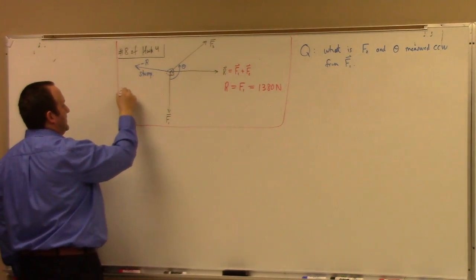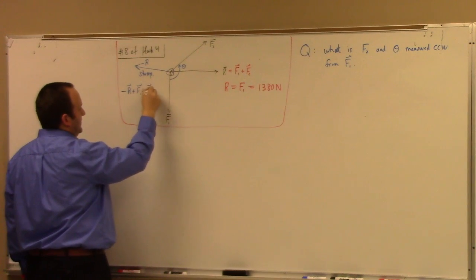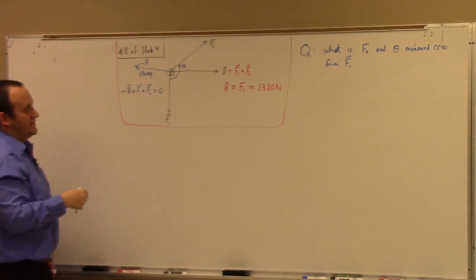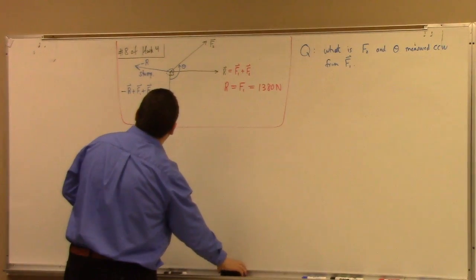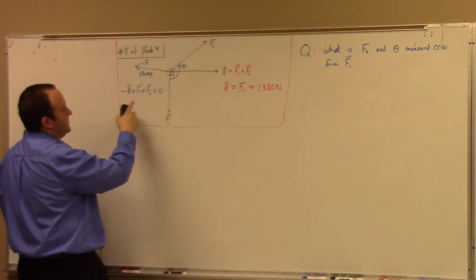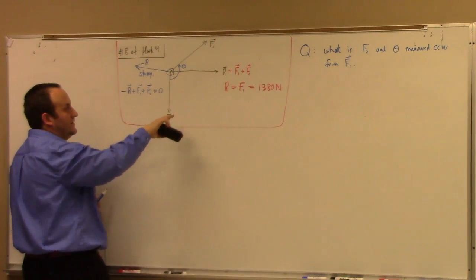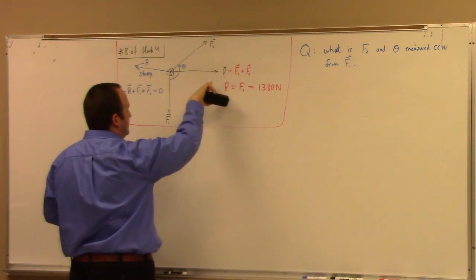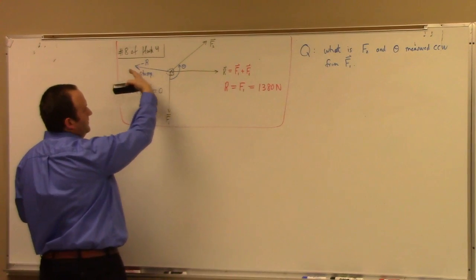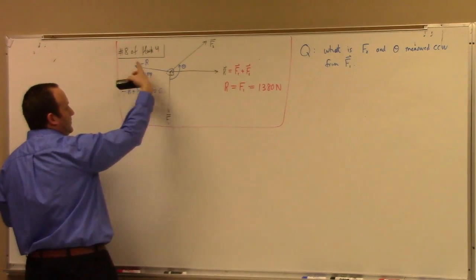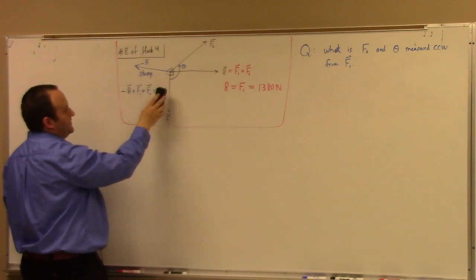In other words, minus R plus F1 plus F2 has to be 0. But anyway, that doesn't help us solve the problem. I'm just saying this is relevant to the lab we're doing with the force table, with the forces balancing. We on the one hand calculate the resultant for two forces pulling on strings, but then the place where we put the weight to oppose the two forces is on the other side for the same reason. I'm going to erase this. It's distracting.